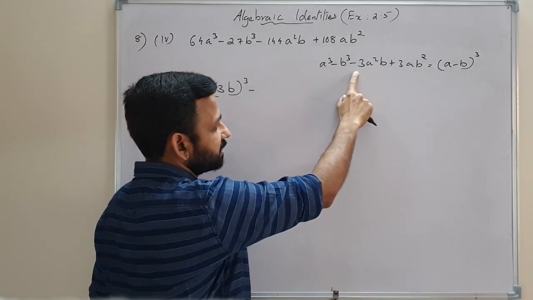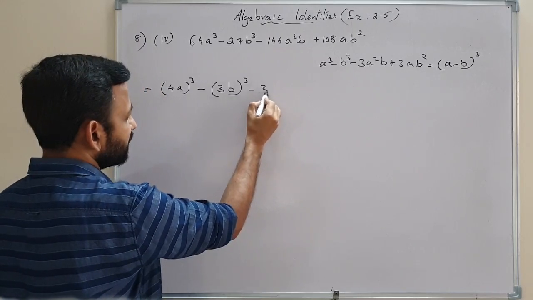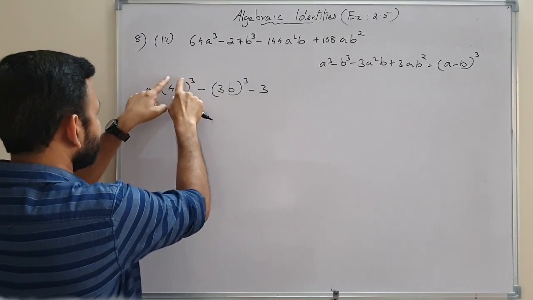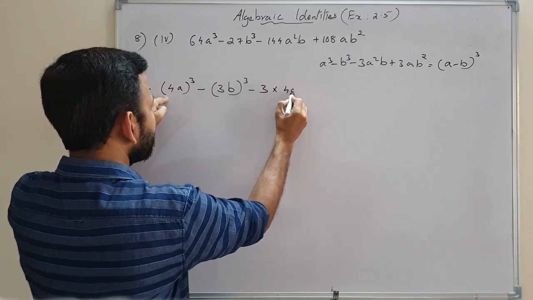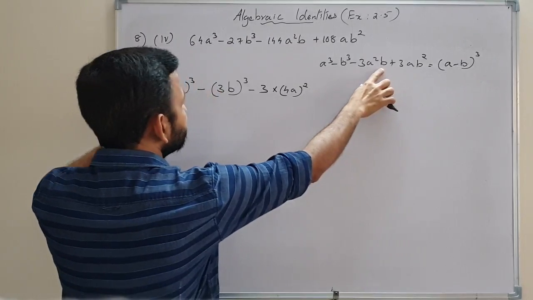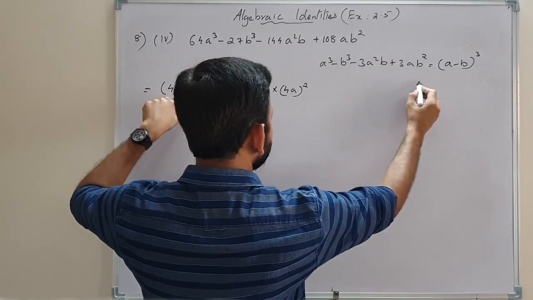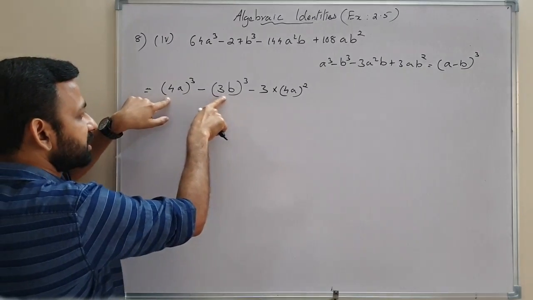Then the third term is minus 3a square b. That is minus 3 into a square, where a square means first term square, so minus 3 into 4a square into b. Here in the place of a we have 4a and in the place of b we have 3b.